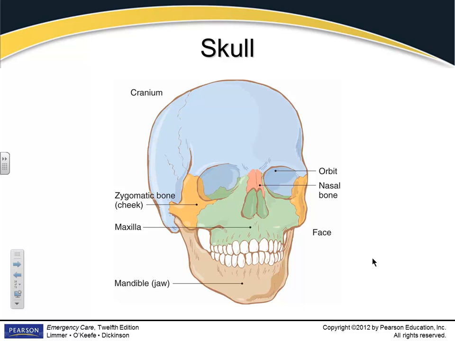Okay, so what does bi mean? B-I. Two, okay. If I said you had two black eyes.